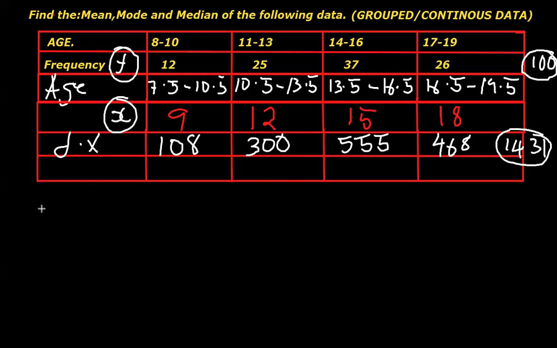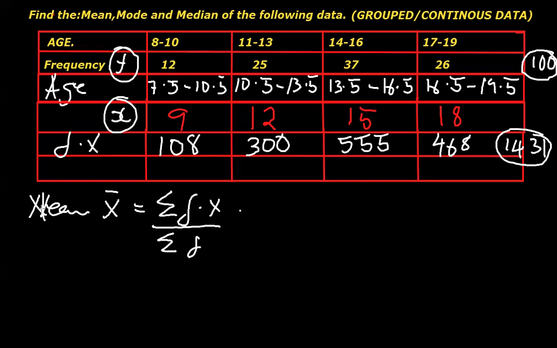Now quickly, now let's get the mean. So you say the mean of our data, abbreviated with that, is supposed to be the sum. Now, that symbol that I put there is a Greek symbol standing for sigma. That means total. So the sum of the total of fx over the sum of f.